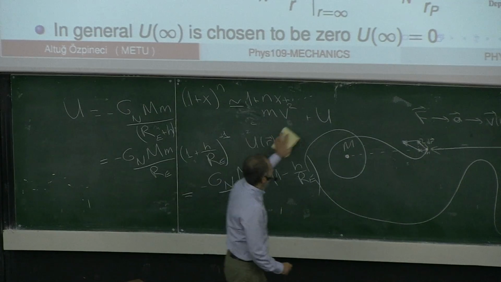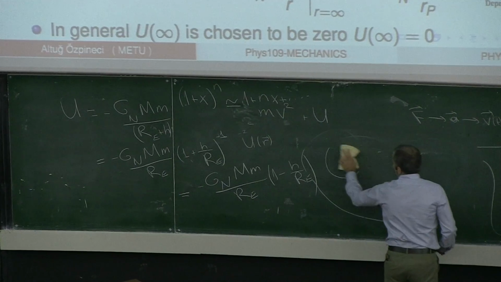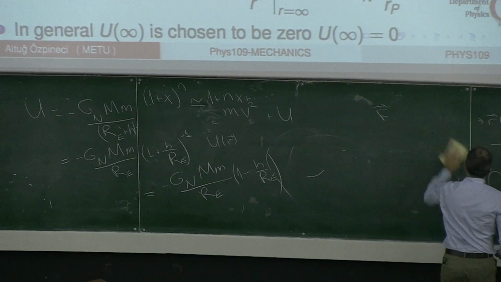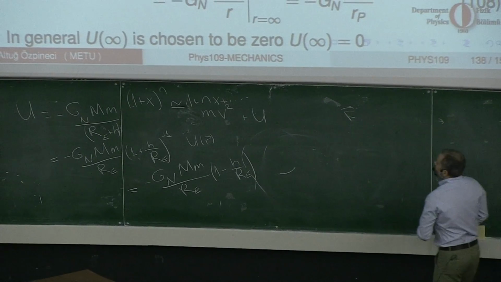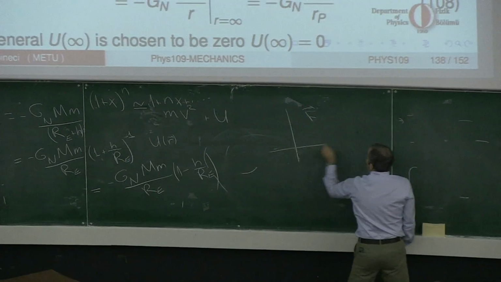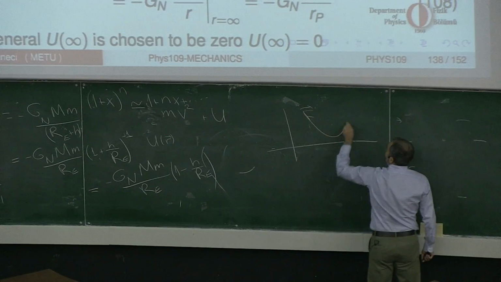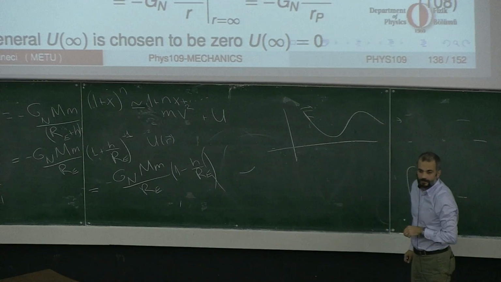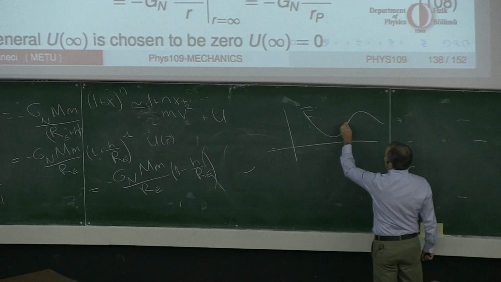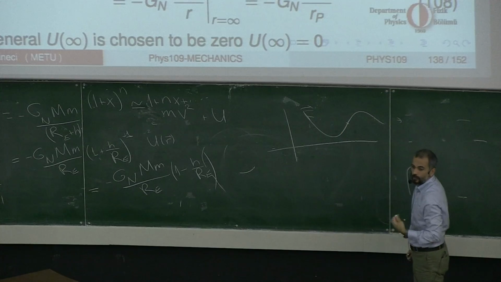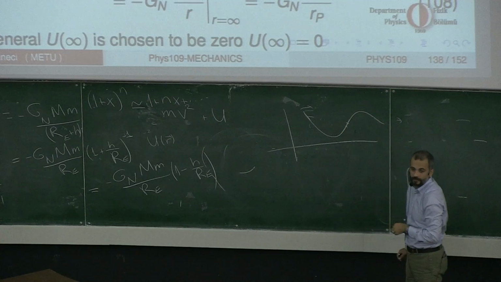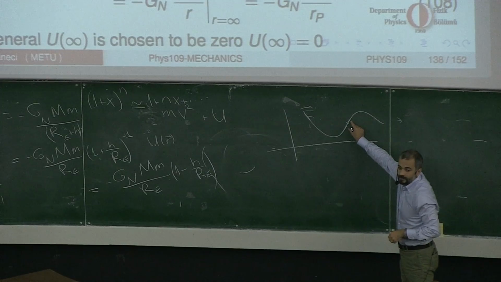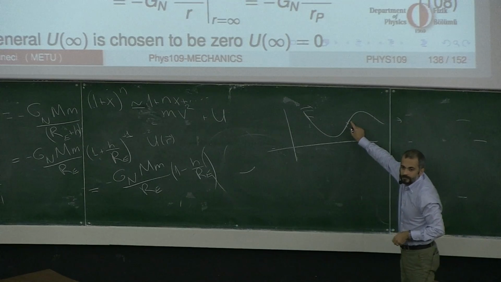You see, the idea is this. If you have an arbitrary function, let's say like this, and suppose you know the function at this point, and you want to make an estimate of the value of the function at a very close-by point. In this region, the function just looks like a line.